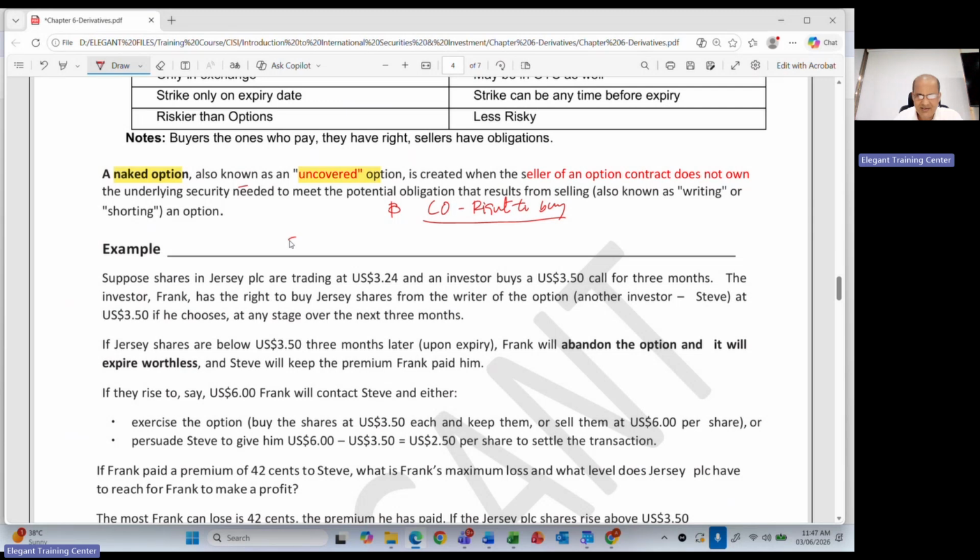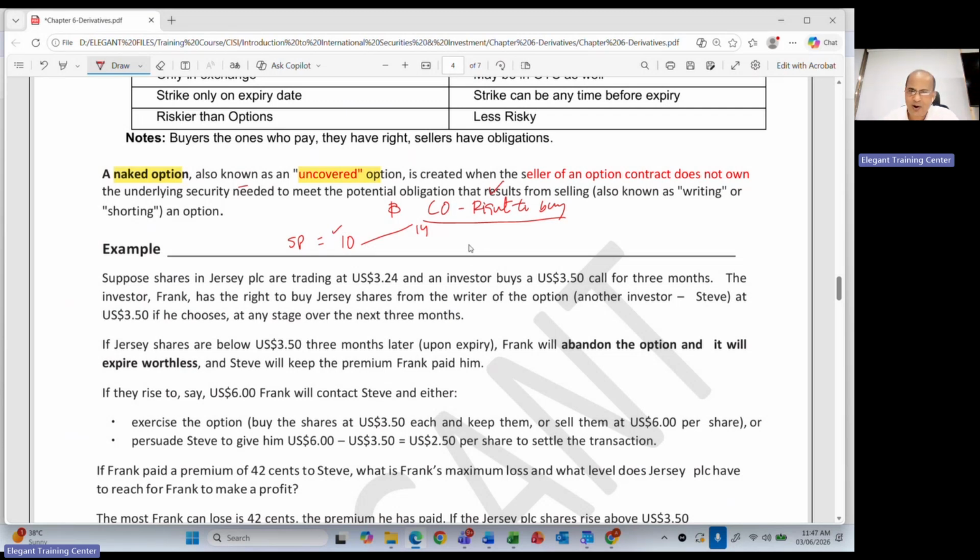Suppose the strike price is, let's say, $10. Now the market price became $14. You have got a right to buy. How much strike price? $10. How much market price? $14.